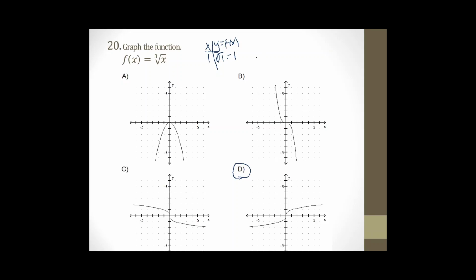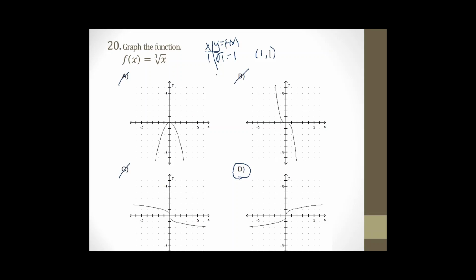So (1, 1) is a point on this function. If you look, (1, 1) is not a point on this function. That doesn't work. B, (1, 1) is not a point on this function. That doesn't work. (1, 1) is not on C. So that automatically tells us that D has to be the function.